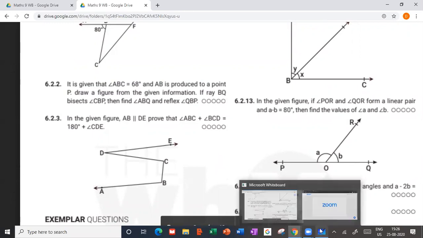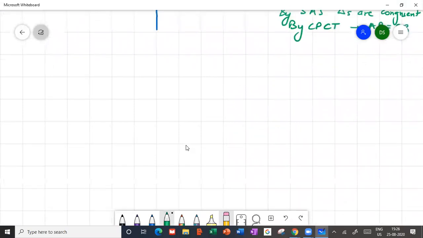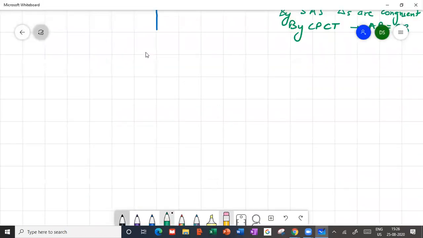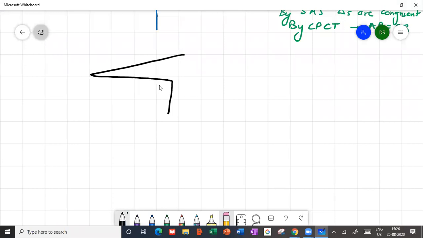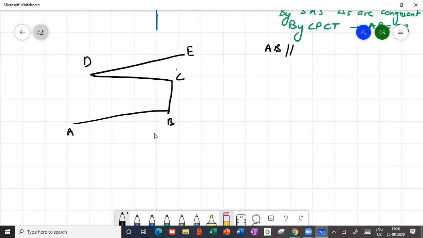Okay, so let me quickly draw the figure. It's like this. This is A, B, C, D, and E. And what have they given? In the given figure, AB is parallel to DE.